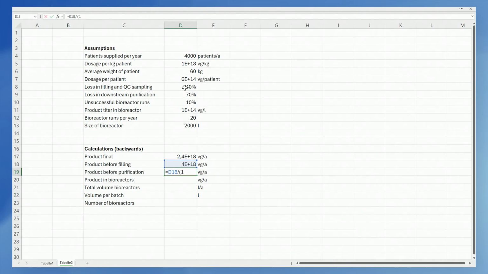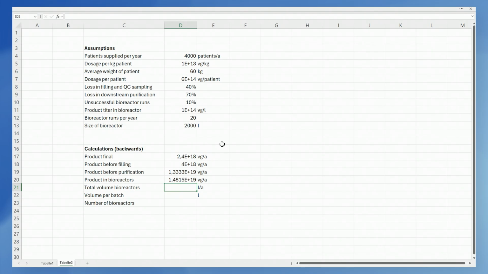So that's just this number here. And then considering the 10% unsuccessful runs, again, we divide by 0.9. So subtracting here the 10%. And then we can calculate the total volume on bioreactors, which is essentially the product that we need to have in the bioreactors divided by the titer.